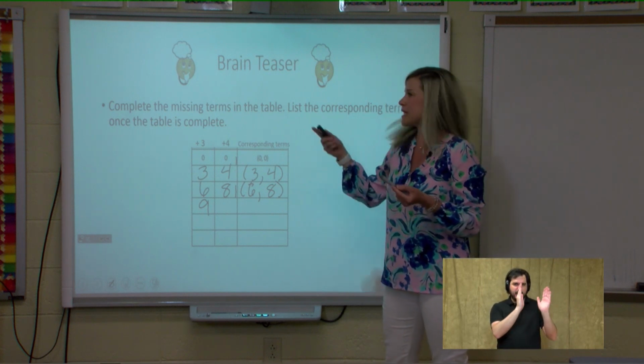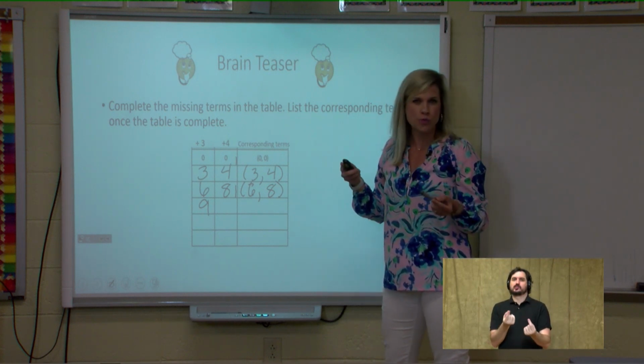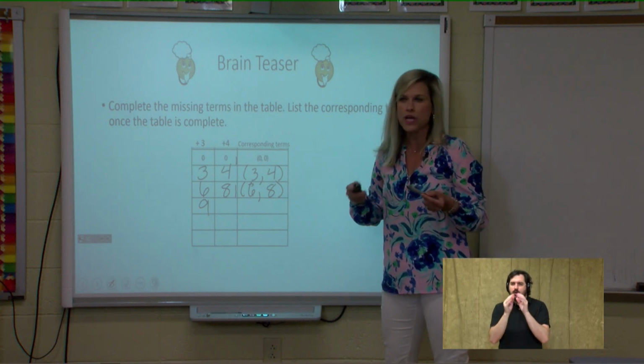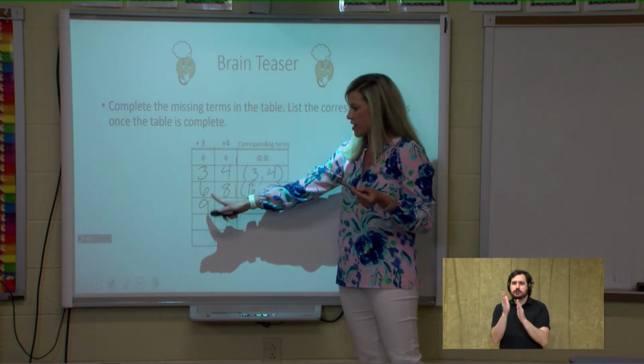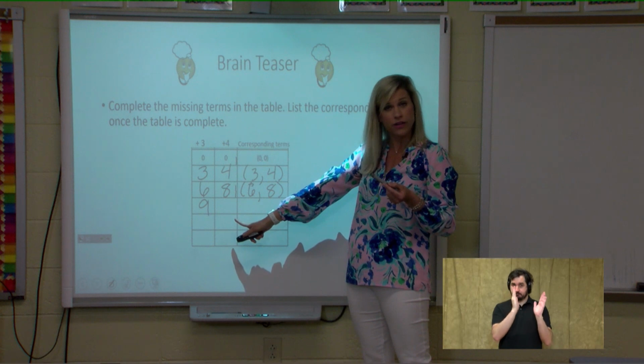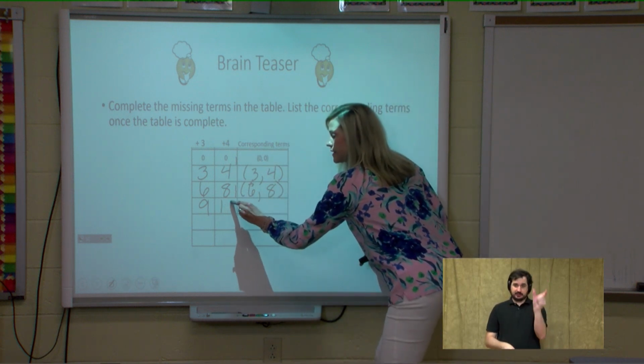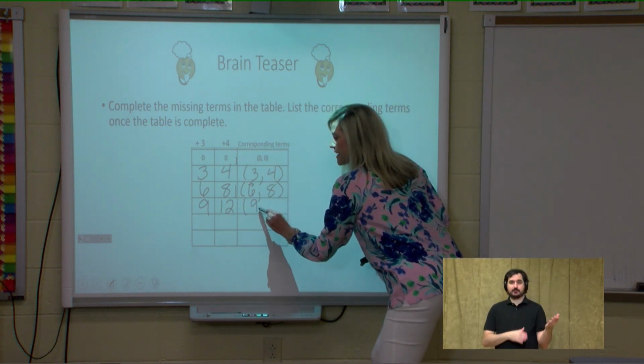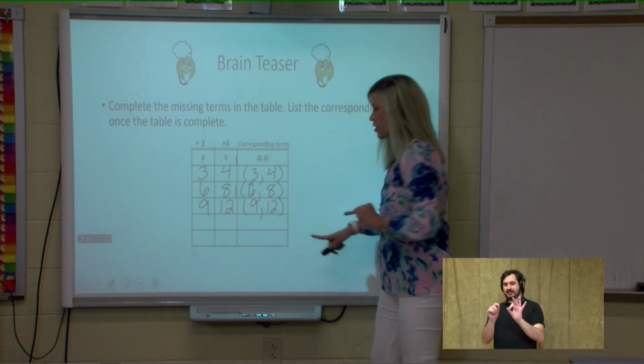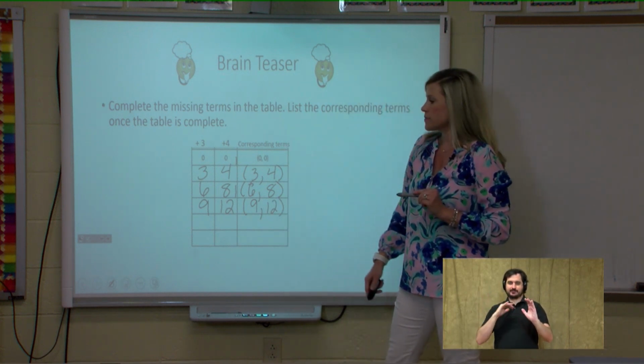Because that's what we're doing. We're looking at terms and patterns and rules. You're probably starting to see a pattern here, and you should also see a pattern here. This number would be 12. And so we'd have 9 and 12 as our corresponding terms.